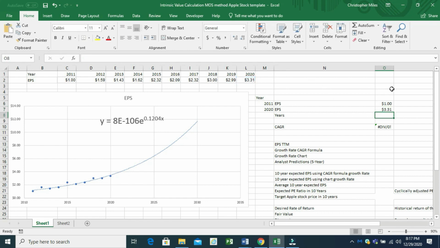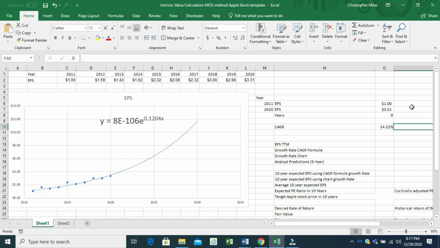So that's the trailing 12-month earnings per share, $3.31. For years, I'm just going to subtract these to get the time frame that we're looking at, which is 9 years, and it gives us a compound annual growth rate of 14.22%.